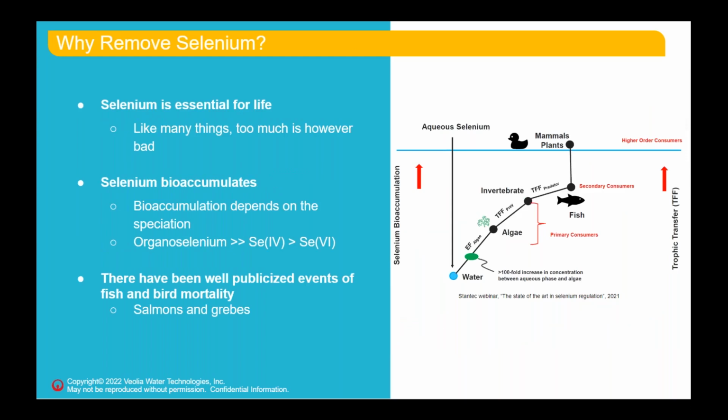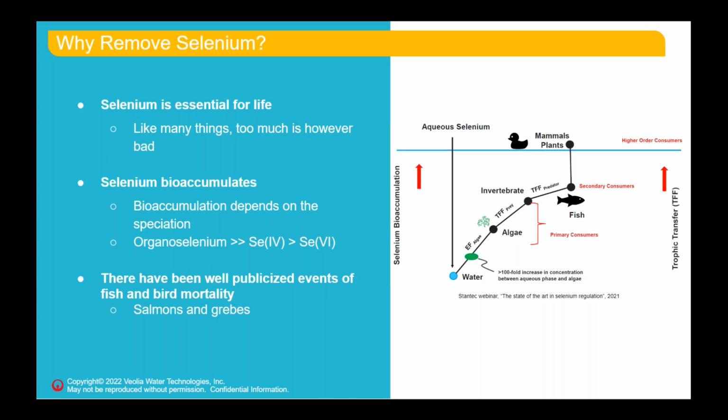Selenium is essential for life. There are a number of enzymes in your body, in my body, in the body of most living organisms, that require selenium to work. It is also part of some amino acids, selenocysteine and, sorry, I've got a blank on the other one, but whatever, there are two amino acids where selenium is present.